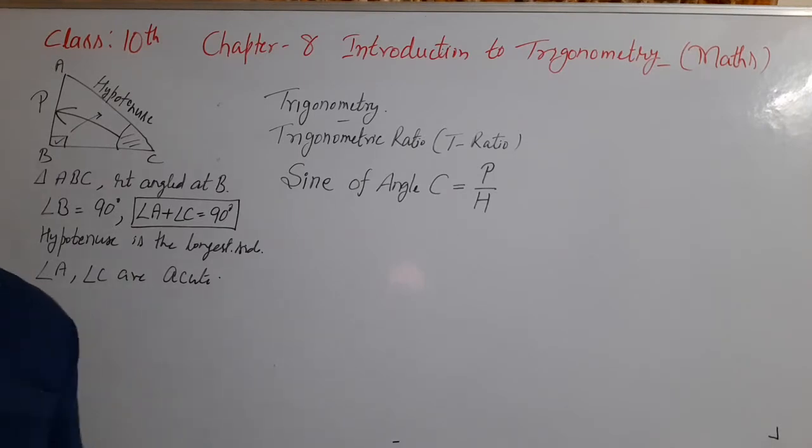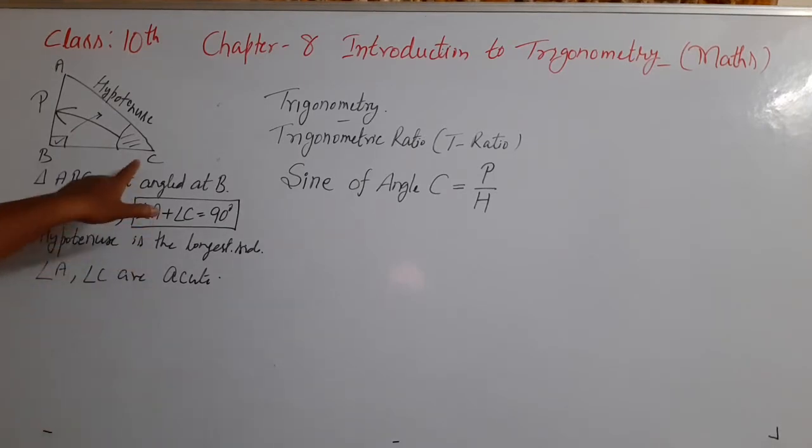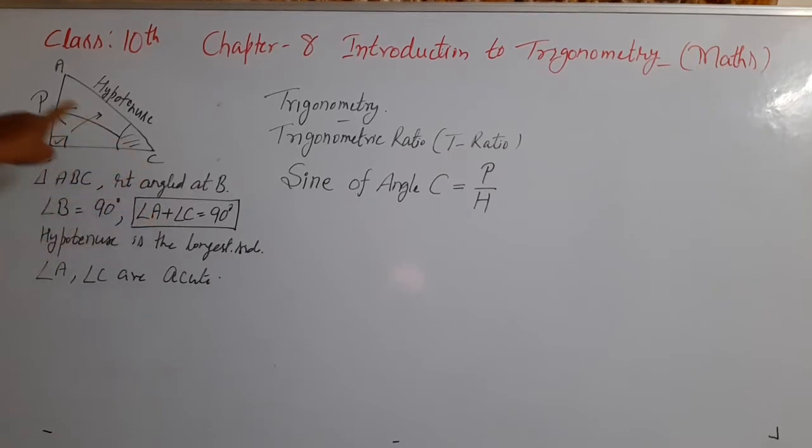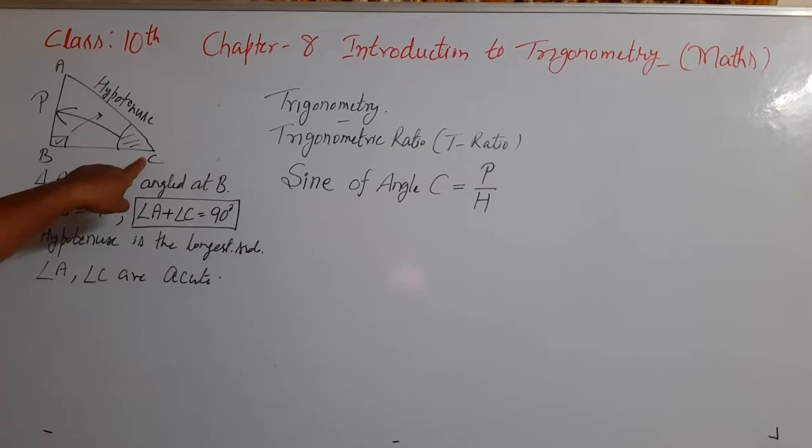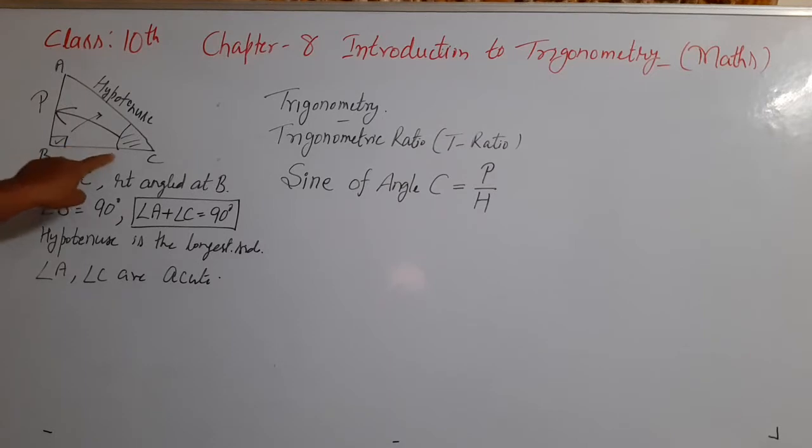If I am finding the T ratio of angle C, then side AB is the perpendicular and BC is the base. If I find sine of angle A, in that case the opposite side is BC. This BC will be perpendicular and AB I will treat as base in the case of angle A.